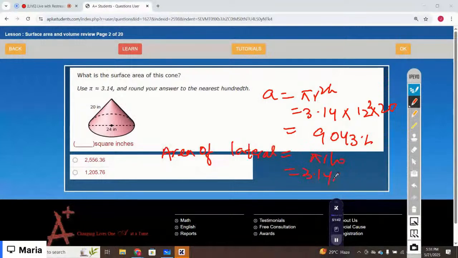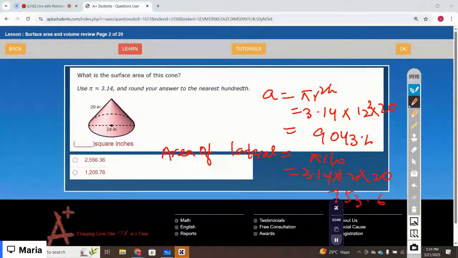Now calculating the lateral area, that is pi r s. 3.14 times 12 times 20. That is 753.6.